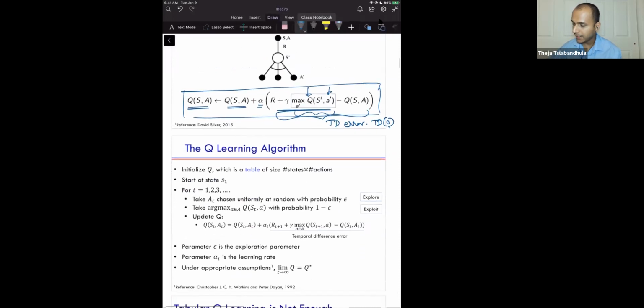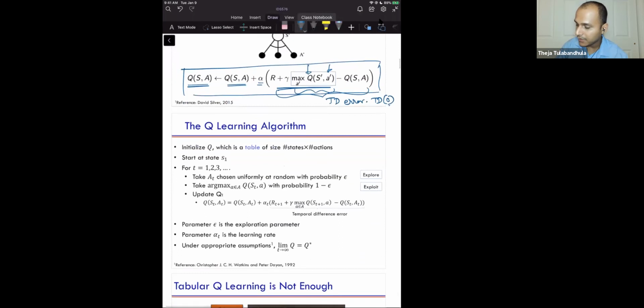So now let's come back to our algorithm. The algorithm is: start with, think of a Q matrix, a state cross action matrix, with some arbitrary numbers. Let's say there's always some starting state. For example, when you play a maze game, you always start with the start position. Let's say that's the state 1. And then for every time step in an episode, you take an action.